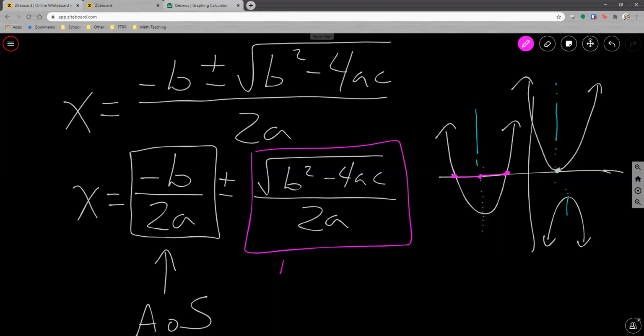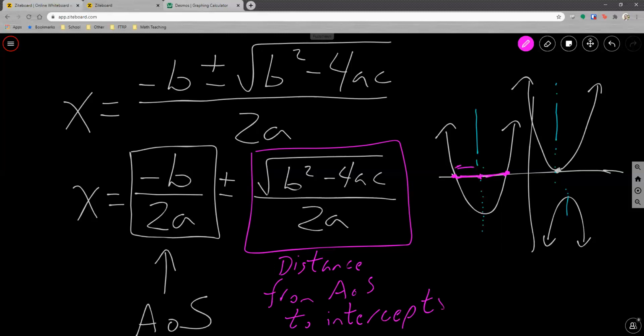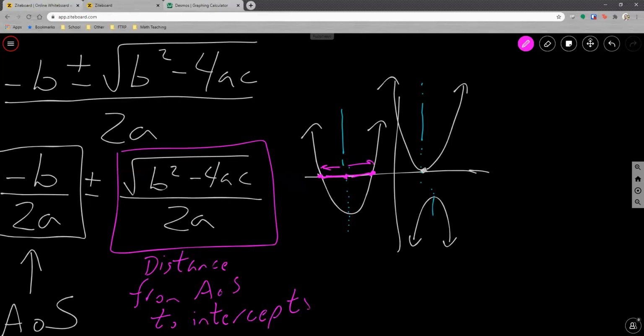And this is the distance from the AOS to the intercepts. So if I've got a positive value, I'm going to get a real value here that's not 0. And that's going to be the distance I have to go in each direction from the axis of symmetry to the intercept. If I've got a 0 value, well, that means I'm going 0 distance from the axis of symmetry to the intercepts, which means my vertex is the intercept.